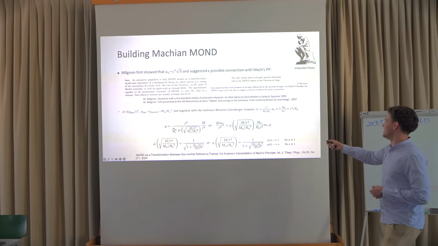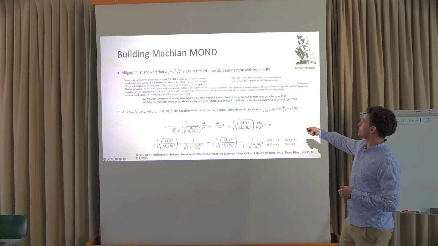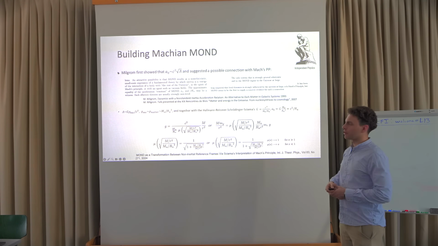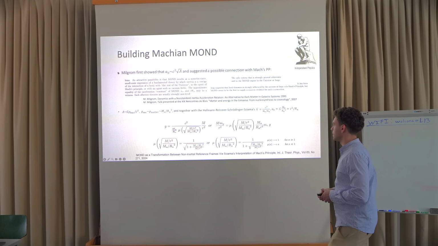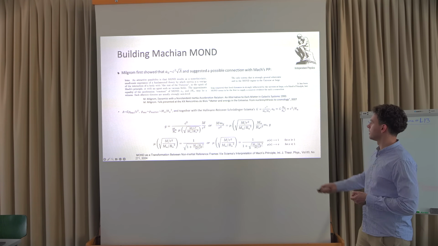But when you do this, you can just plug this back into the MOND equations. I know this looks very messy, but basically what I have done is substitutions, and the results are the same, or at least should be very, very similar.